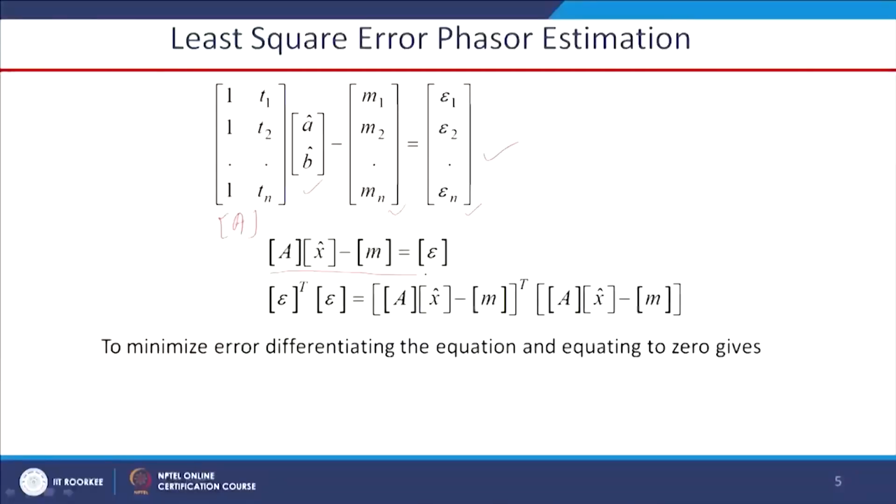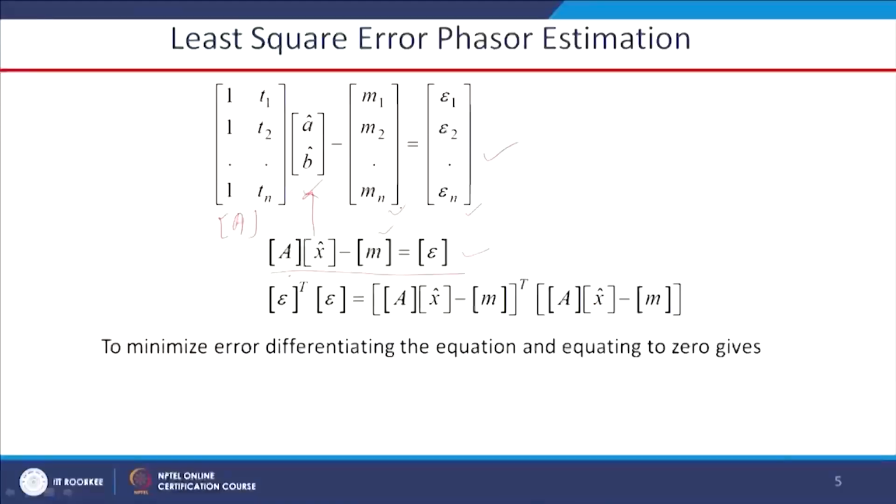If we make this matrix equation, it looks like the A matrix times X cap. This X cap is basically the parameters we are going to estimate, the unknown variable matrix, plus the measured signal matrix and epsilon.